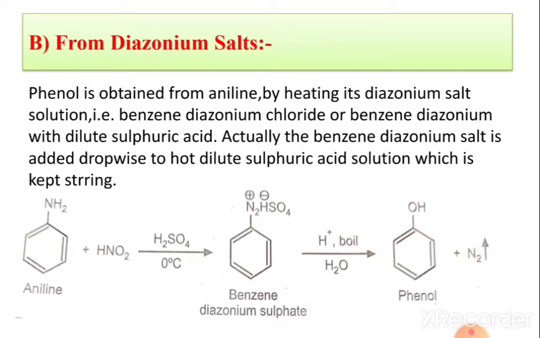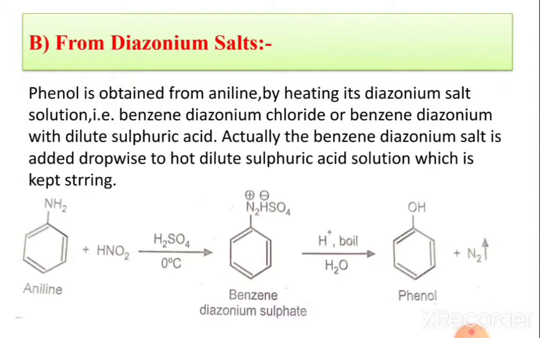So in the exam, if the question asks how will you prepare phenol from aniline, at that time, if you convert aniline to phenol, the first step is diazotization. That means the first reagent is HNO2, nitrous acid, in the presence of H2SO4 at 0 degrees Celsius, and we get benzene diazonium sulfate.